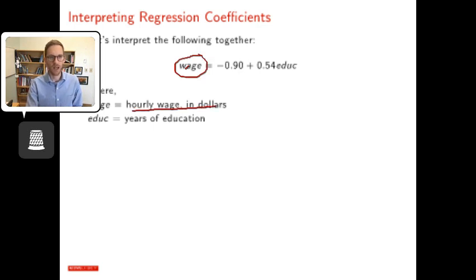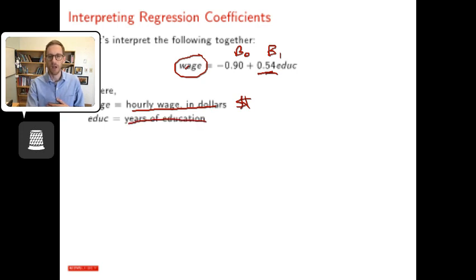And then we have our intercept, which is negative 0.9. This is our beta 0. And then we have this slope parameter, beta 1, which is 0.54, times years of education.